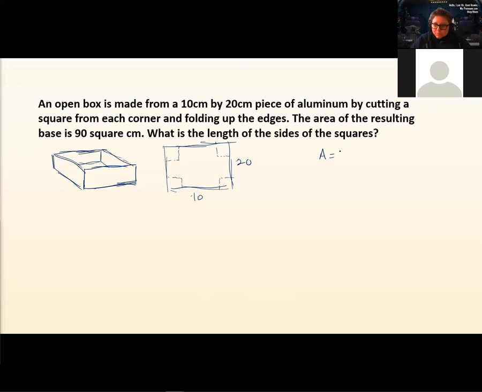Area equals length times width. So we have length times width. The issue with this is that we can't just say, oh, it's 10 times 20, right? We do know that the result was 90, but what we don't know is the new length and width. What we do know is that the square that was cut out in each corner was the same length.